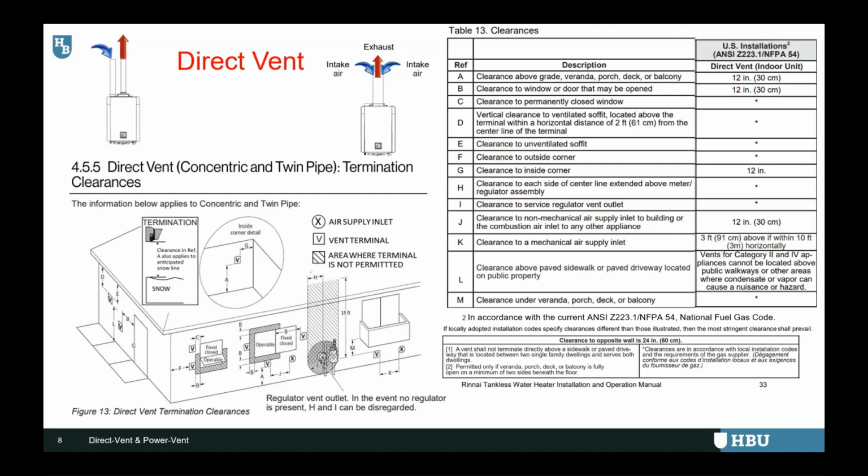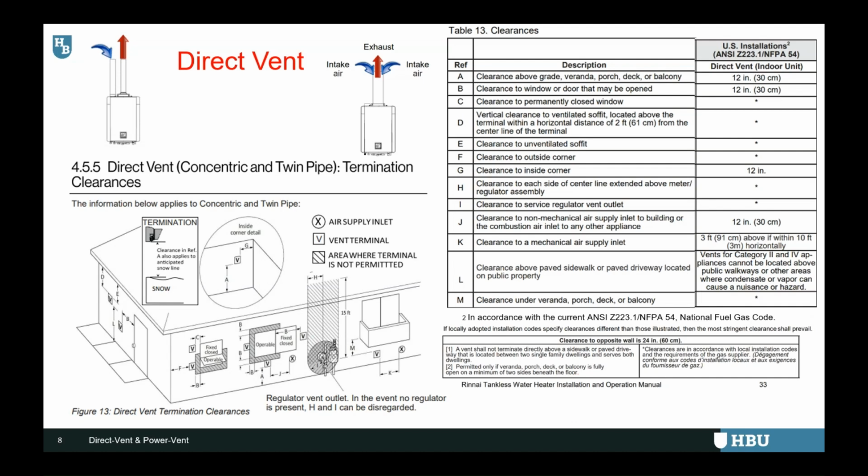This chart from the Rinnai tankless water heater installation and operation manual provides specific clearance distances in inches for U.S. installations. Referencing the National Fuel Gas Code and direct vent appliances, this chart is a helpful reference for understanding general direct vent termination requirements, and many of its provisions align with the 2015 International Fuel Gas Code that we use in St. Louis.